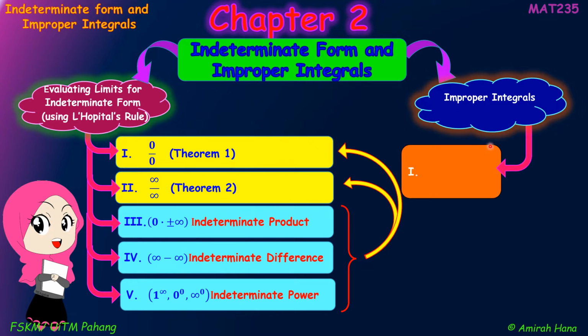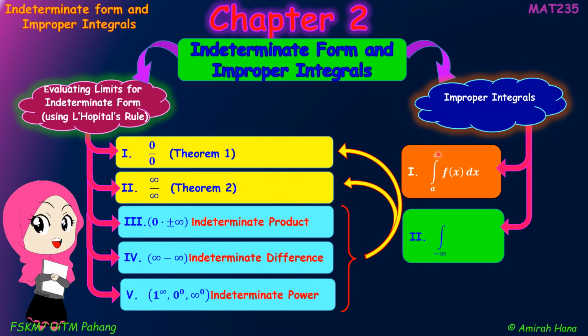Under improper integral, we have 3 types. The first type is integrate from constant a to infinity f(x) dx. The lower limit is constant and the upper limit is infinity. Type 2 is integrate from negative infinity to constant b f(x) dx.